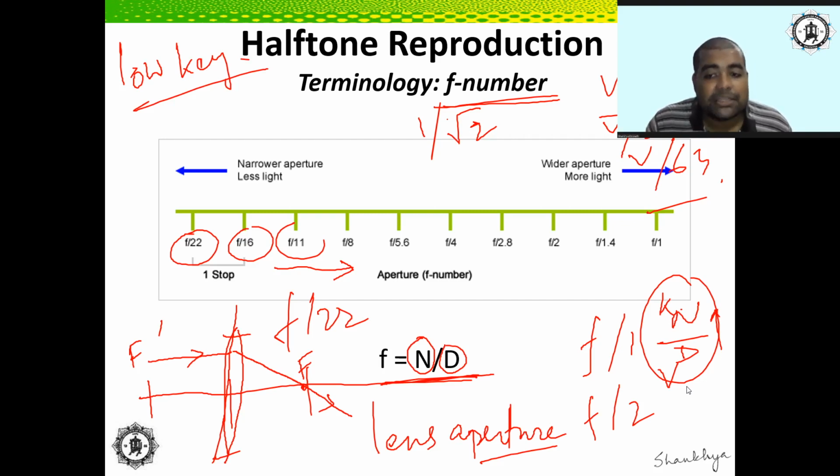Therefore, to have the same exposure at this larger aperture, we need to reduce the shutter opening time by half. If the amount of light entering the optical system is doubling, in order to keep the exposure value the same, you have to reduce the exposure time, how long the shutter is open, by half.